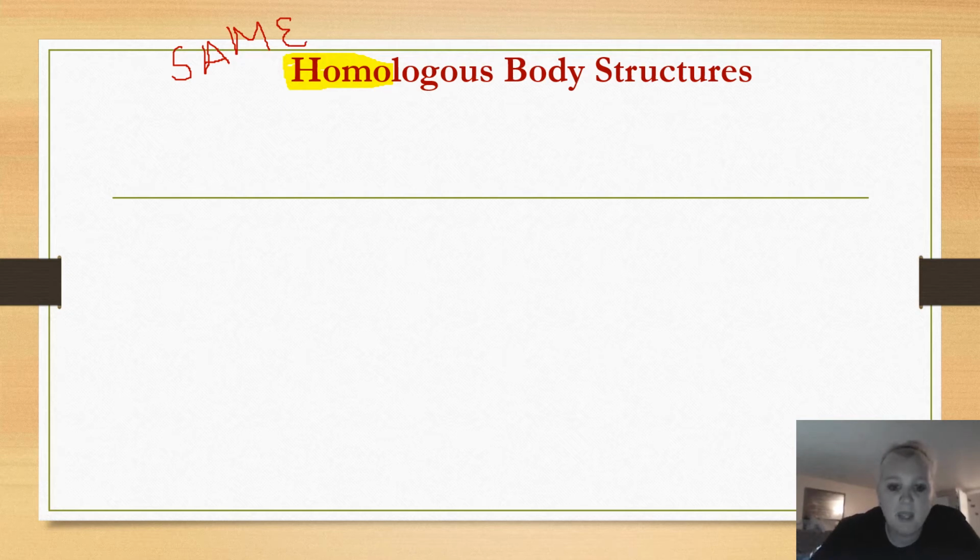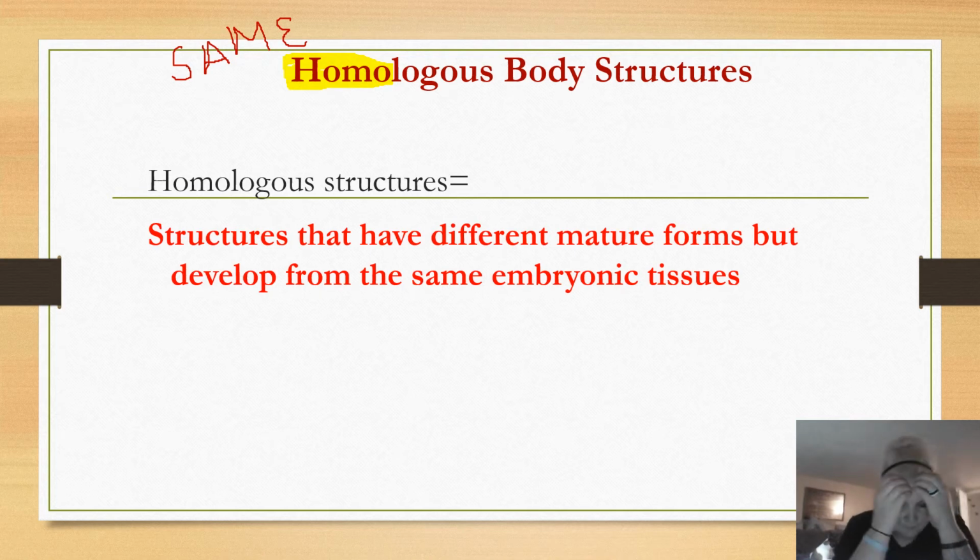And homologous structures are body parts that come from the same cells, the layers of cells, when an embryo is forming.